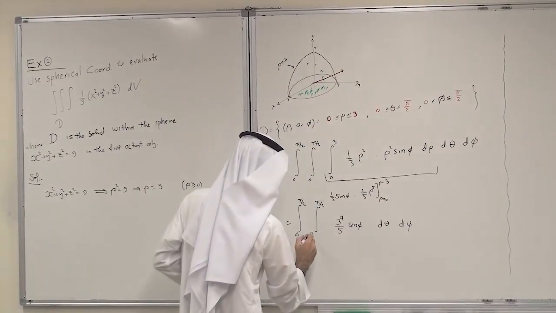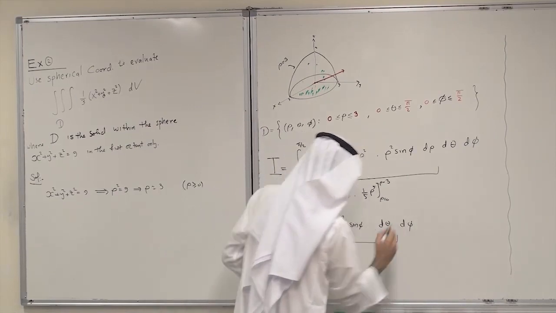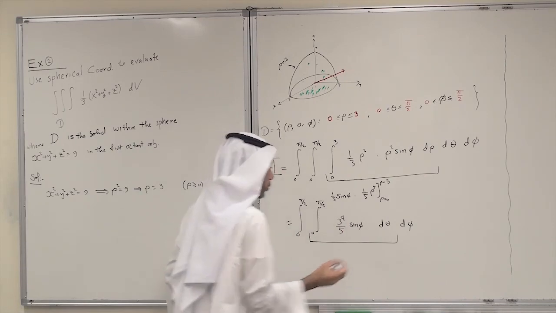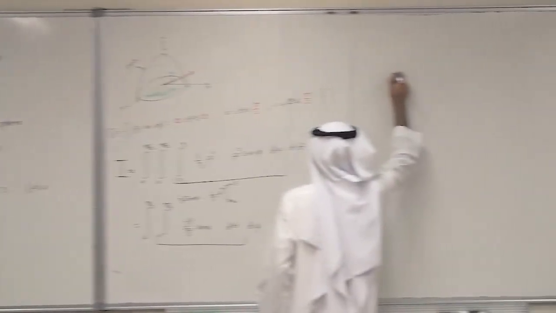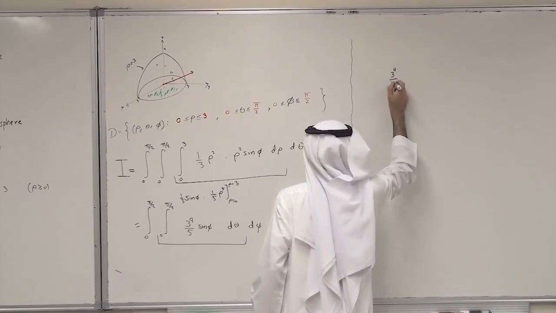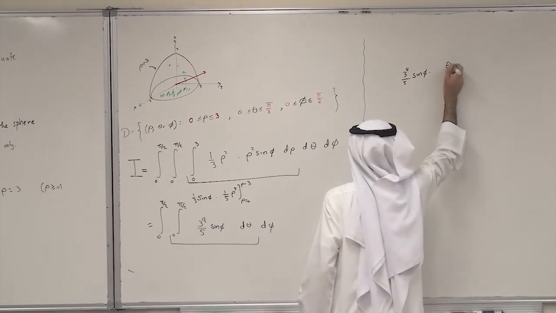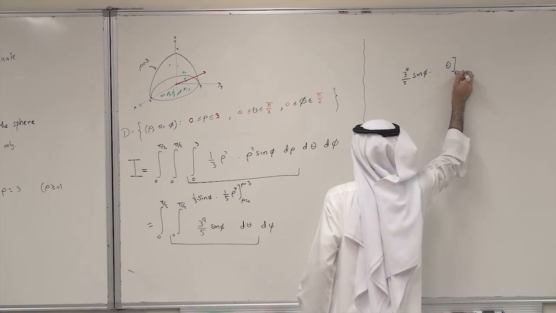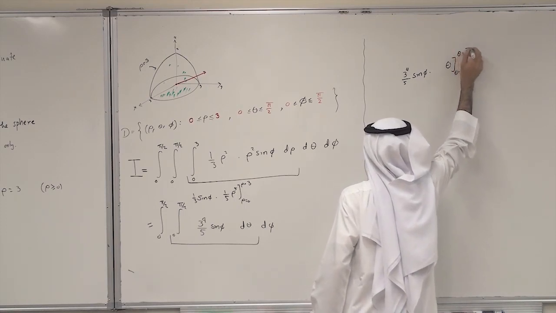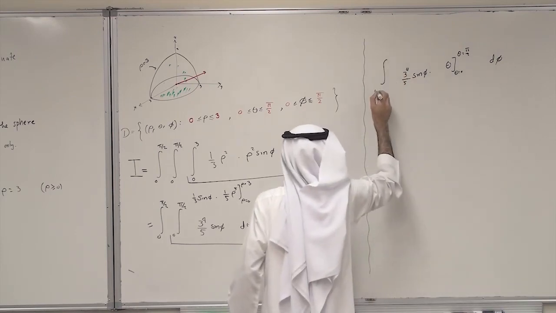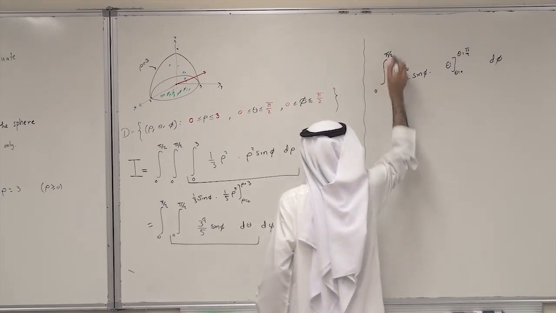Now the next integral is with respect to theta. This is constant with respect to theta, so this is 3 to the power 4 over 5 sine phi, integral of theta from theta equals 0 to theta equals pi over 2, d phi, and again 0 to pi over 2.